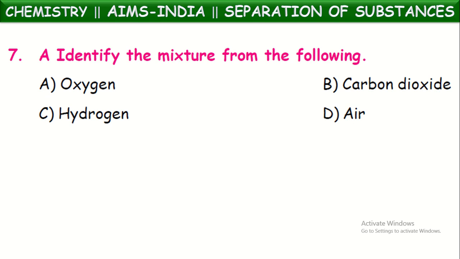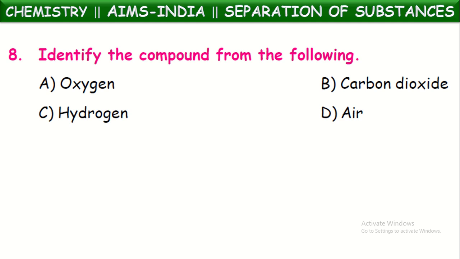It is also a gas containing only one kind of molecules. But what about air? Air is a mixture of several gases. For example, atmospheric air contains different gases like nitrogen, oxygen, carbon dioxide, isn't it? These all gases are present in the atmospheric air. So we can say air is a mixture.